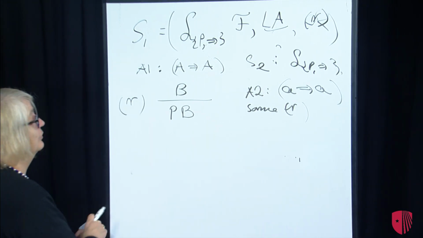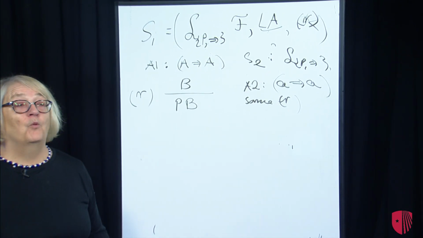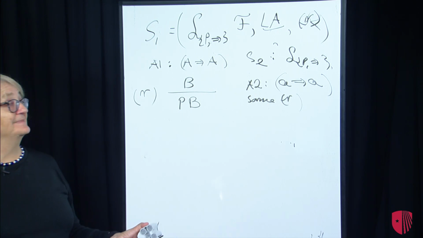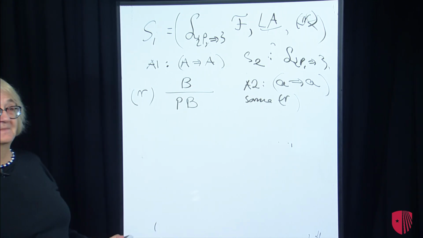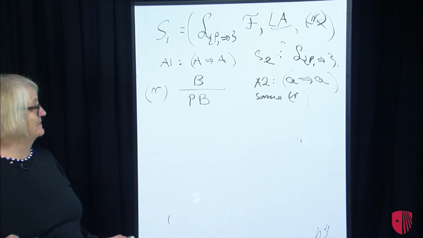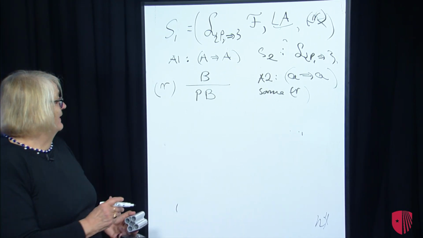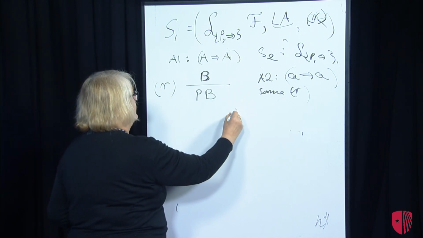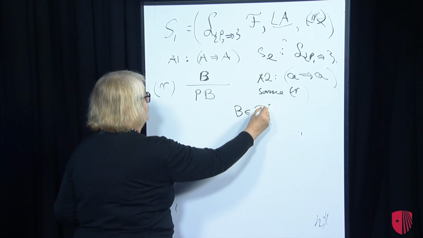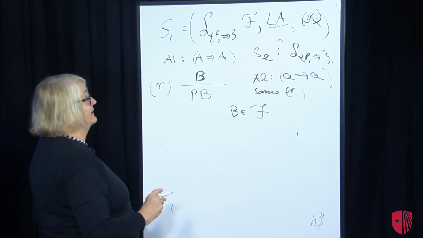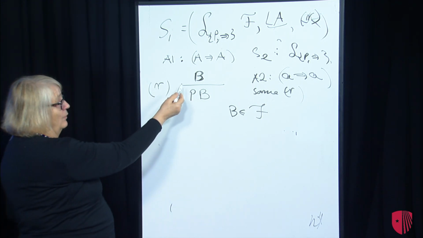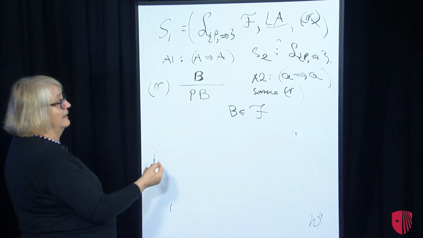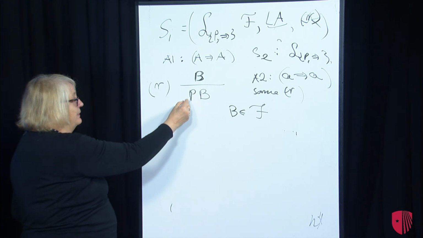I defined two proof systems. What is the difference? Of course here, B is any formula. So it means that if I already have B, I can write PB.